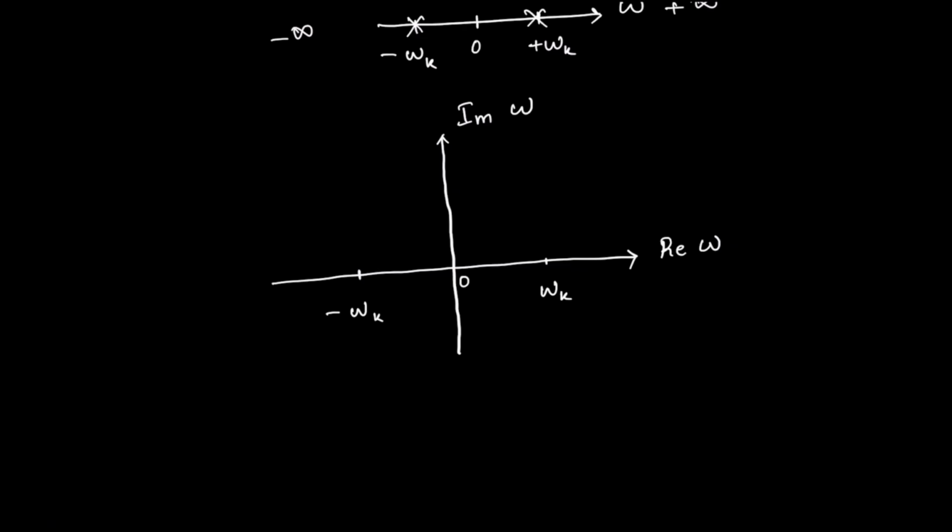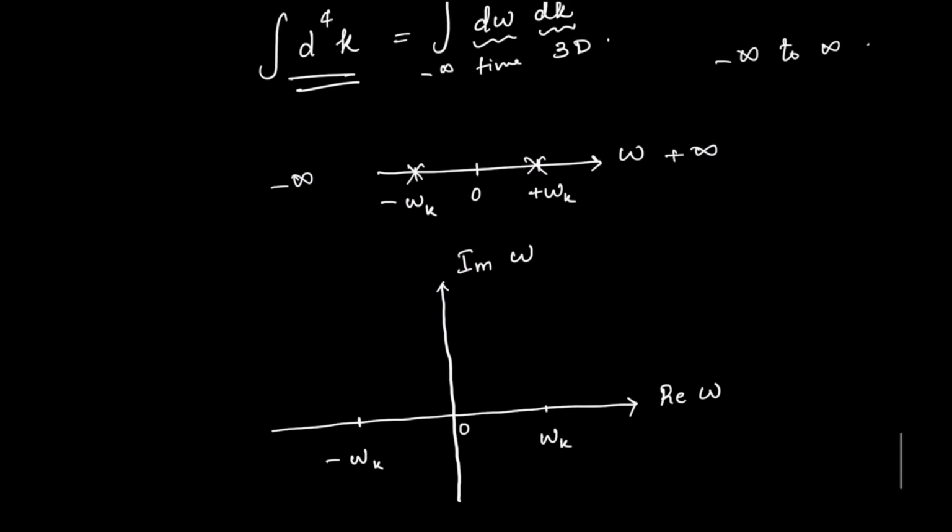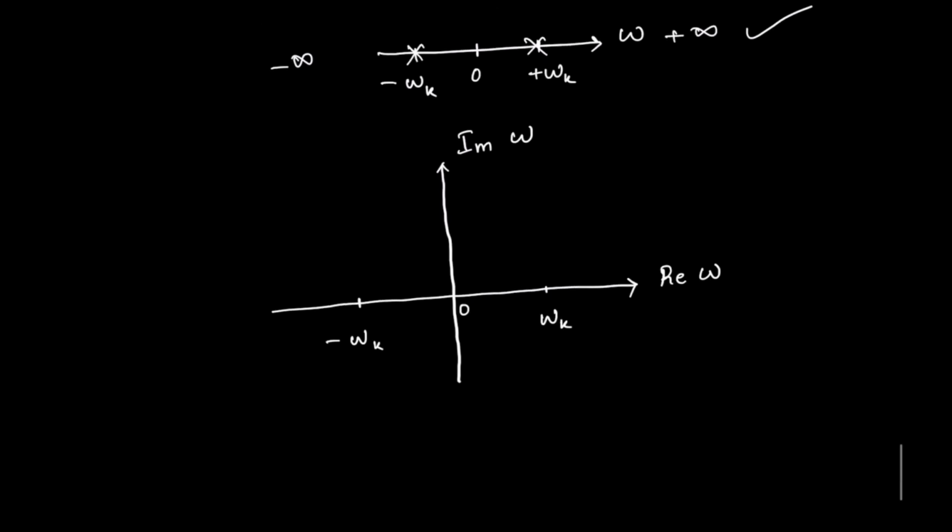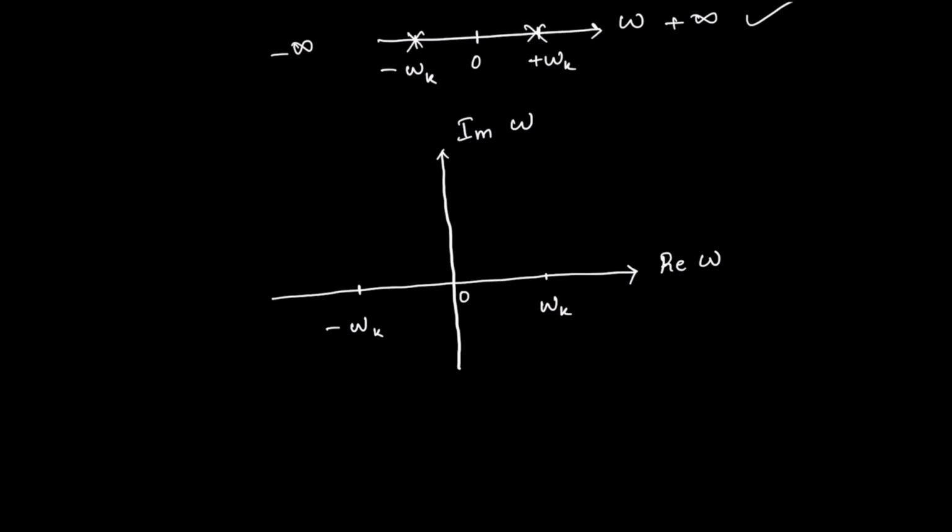Now the integration contour is along the real axis. And I have four choices if I want to bypass the singularity.